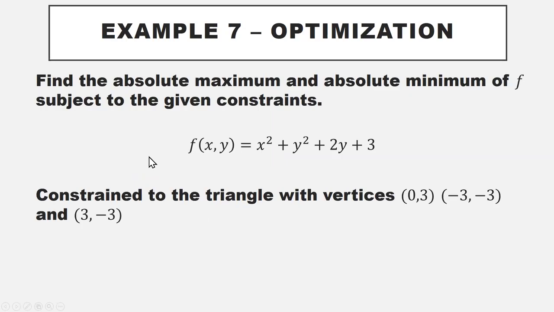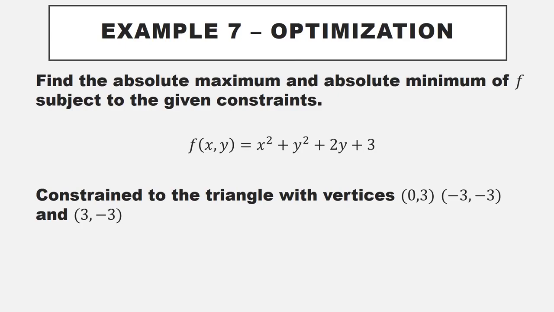All right. This is called optimization when we do the finding maximums and minimums. And we're going to try to find the absolute maximum and the absolute minimum of a function which is constrained to a triangular region with vertices of (0, 3), (negative 3, negative 3), and (3, negative 3).